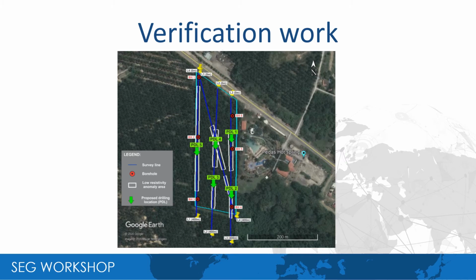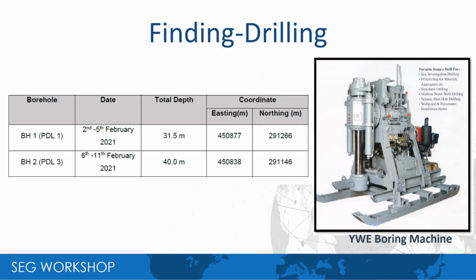but at that time in 2017 we didn't have any chance to drill to verify our result. Alright, so we used a YWE boring machine in February 2021, after we finished the resistivity and IP survey in August 2020. So basically we have 2 boreholes instead of 5.